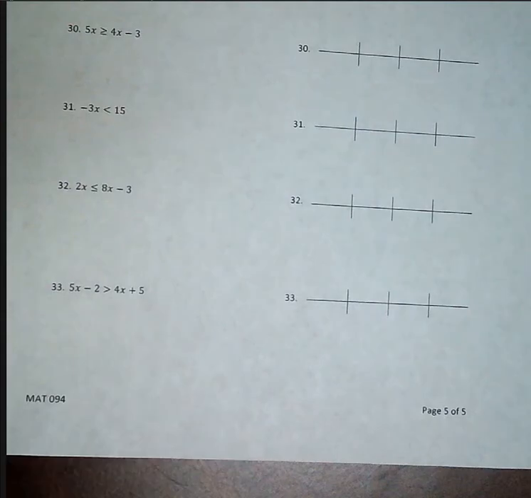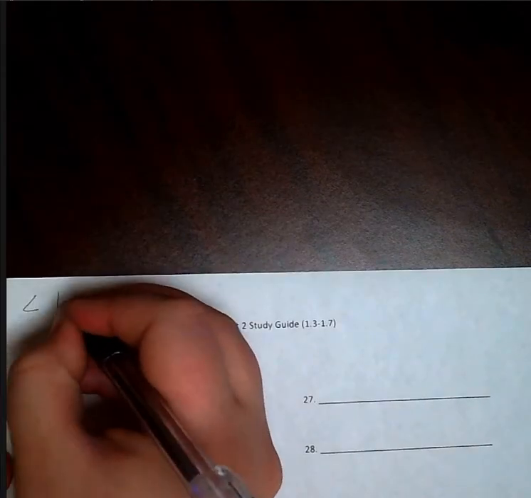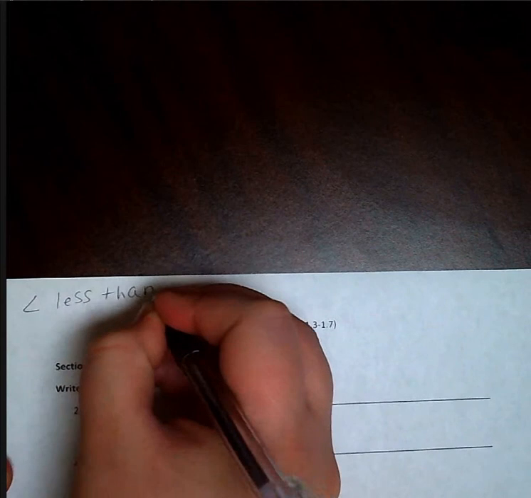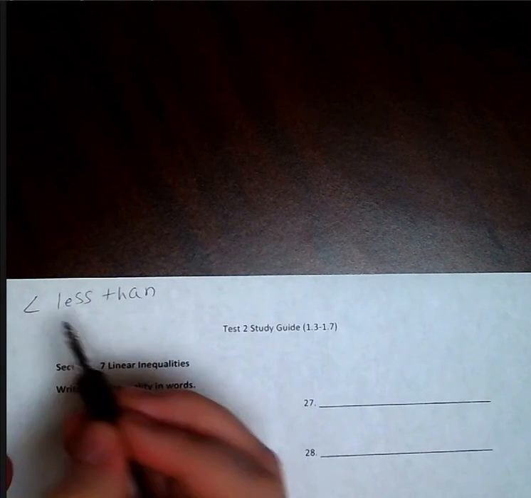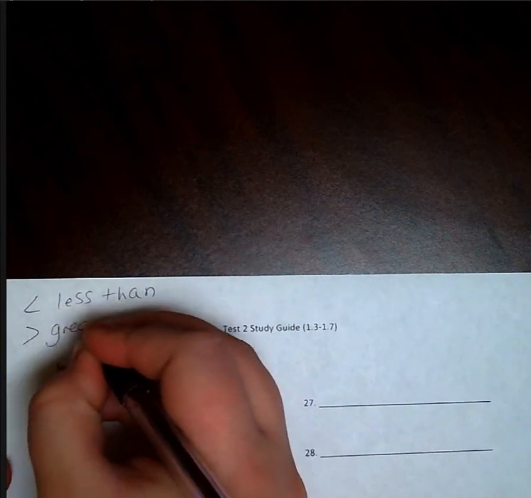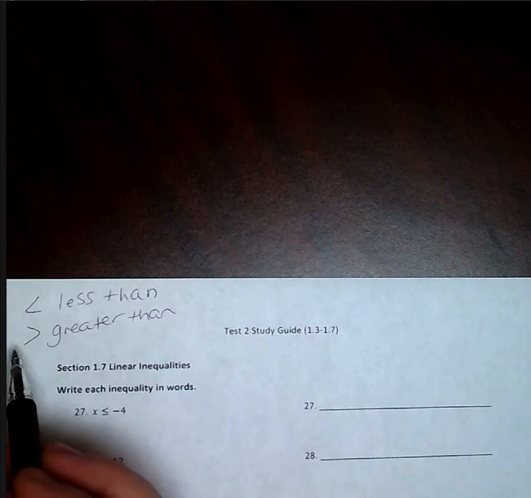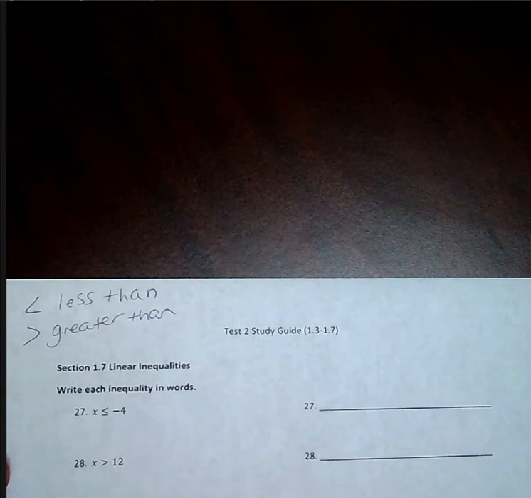Alright, so this next page, this last page, is going to be section 1.7 over linear inequalities. So on 27 and 28, they want you to write each inequality in words. So to give a little review, this is less than, and we talked about how that less than symbol looks kind of like an L, a capital L. This one is greater than, and then if it has a little line under it, you would just add or equal to at the end.